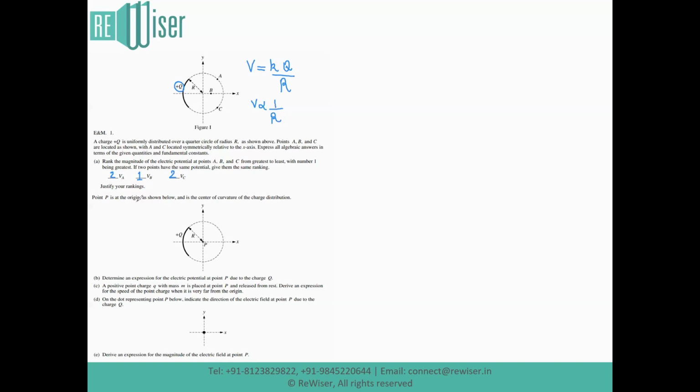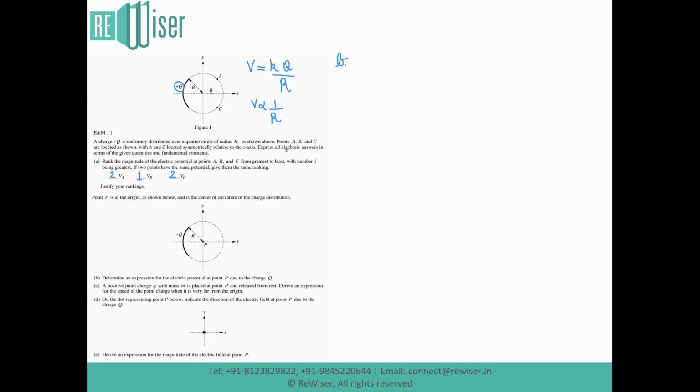Point P is at the origin as shown below and is at the center of curvature of the charge distribution. Determine an expression for electric potential at point P due to charge Q. Now let us answer part B of the question.